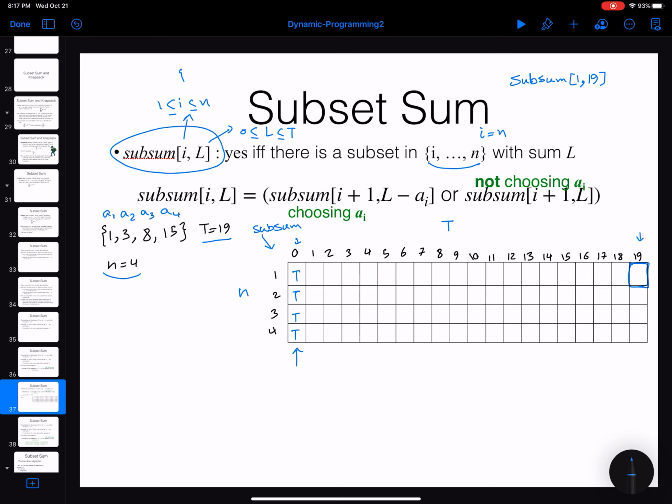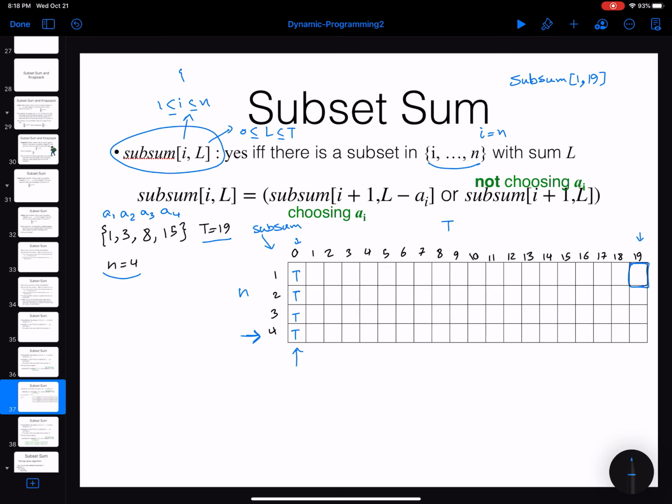So I'm going to fill the table from the last row up. In this row, I'm going to solve the problem for the case that I only have access to the last item, A4. I can simply solve this.